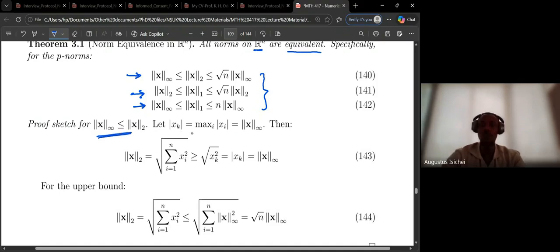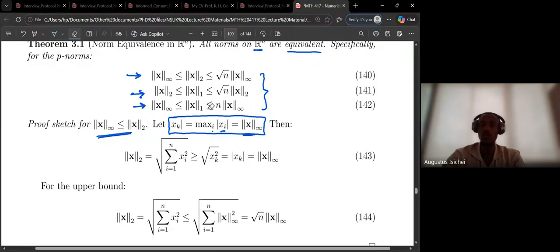We start by picking an arbitrary vector x, take the absolute value of its component x_k, and let it equal the maximum over all i of |x_i|, which is the infinity norm. This is just an assumption, so we assume that these three quantities are all equal, right?